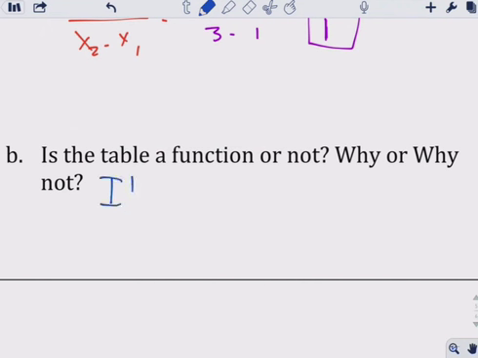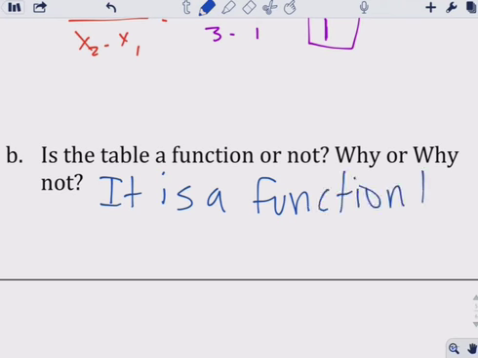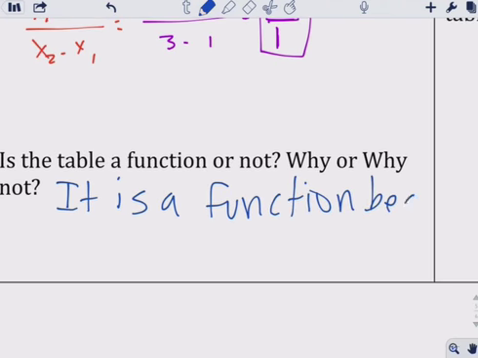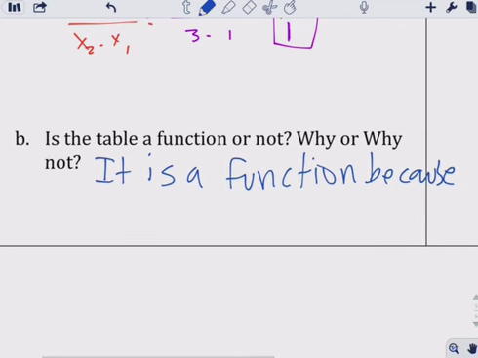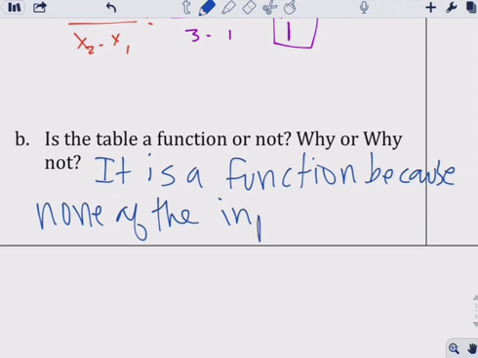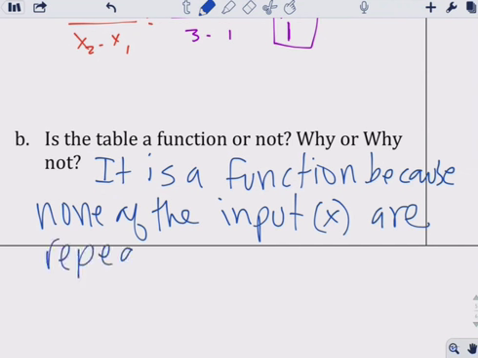It is a function because none of the input or the independent variable are repeating, or the x.